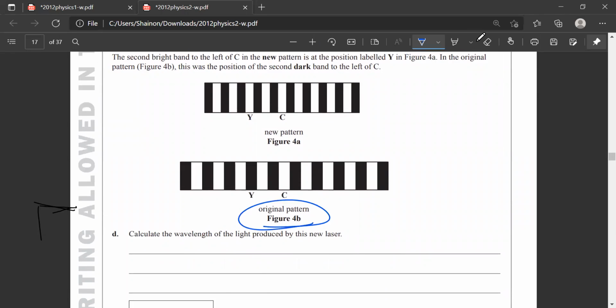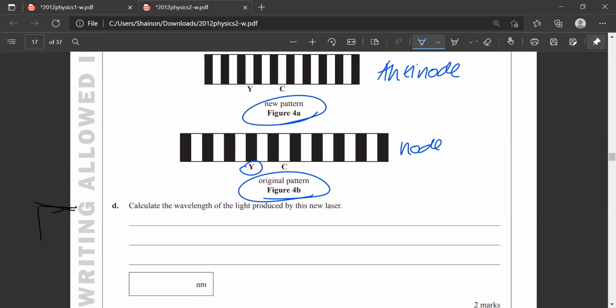Okay, original, new pattern. So therefore, this is at node, antinode, and we know that the path difference is the same. So therefore, n lambda equals lambda, n minus half.